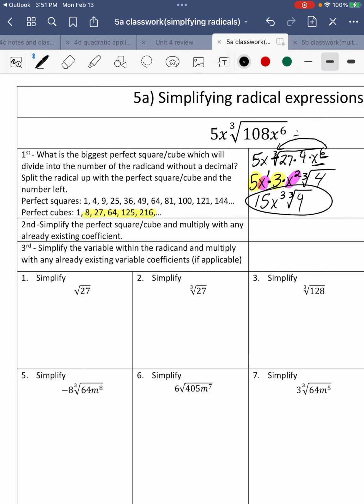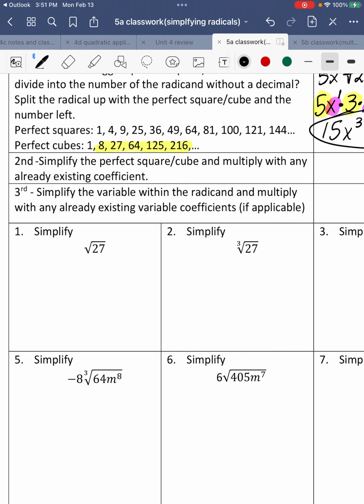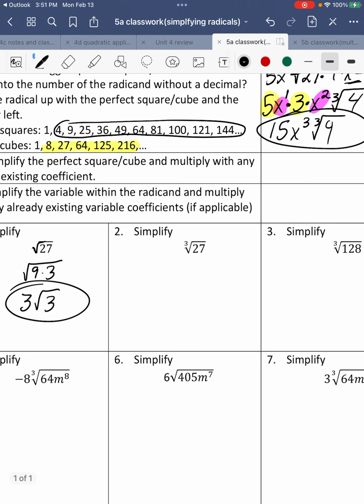I know I did everything, but I didn't write it in the right spots. All right, let's look at number 1. This is a square root. Biggest perfect square that will divide out of 27 is 9. 9 times 3, and the square root of 9 is 3, so that'll become 3 square root of 3.